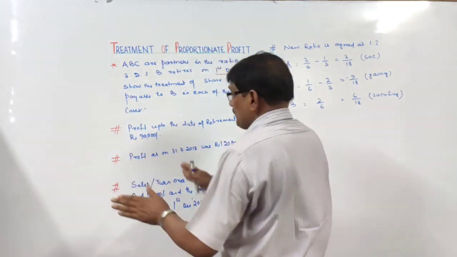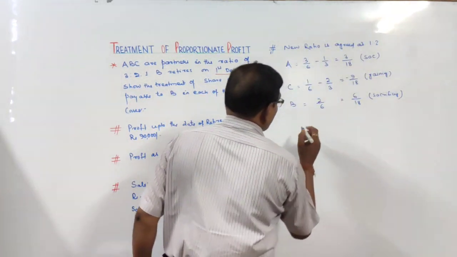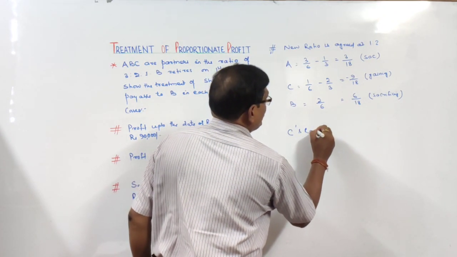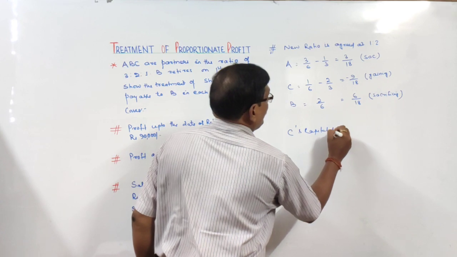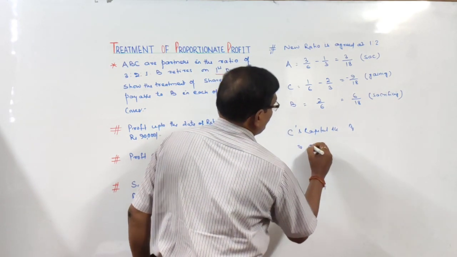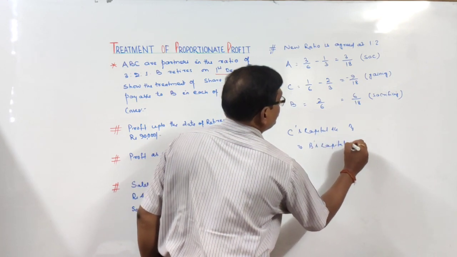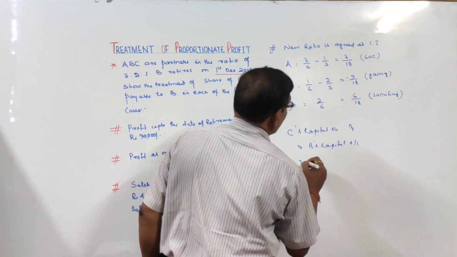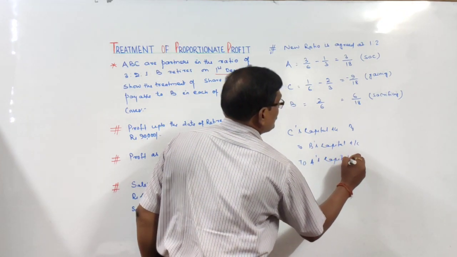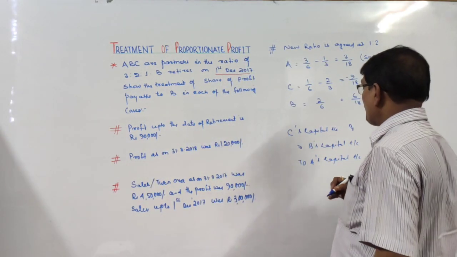So I will work this out with this question. In that case what will happen? Now C's capital account will be debited because he is gaining, to B's capital account because he is the sacrificing partner, and to A's capital account because he is also sacrificing. Right? So now what will happen?